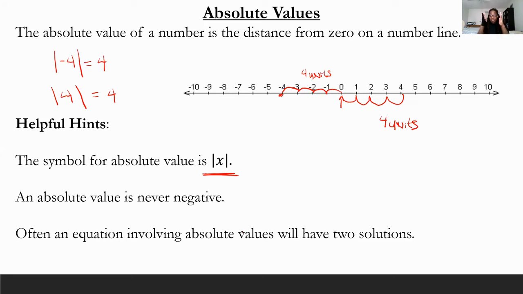In between the absolute value bars, it can be positive or negative, but your solution is always going to be positive. So often an equation involving absolute values will have 2 solutions. If you notice, the absolute value of -4 equals 4, and the absolute value of +4 also equals 4. So I have 2 different solutions.